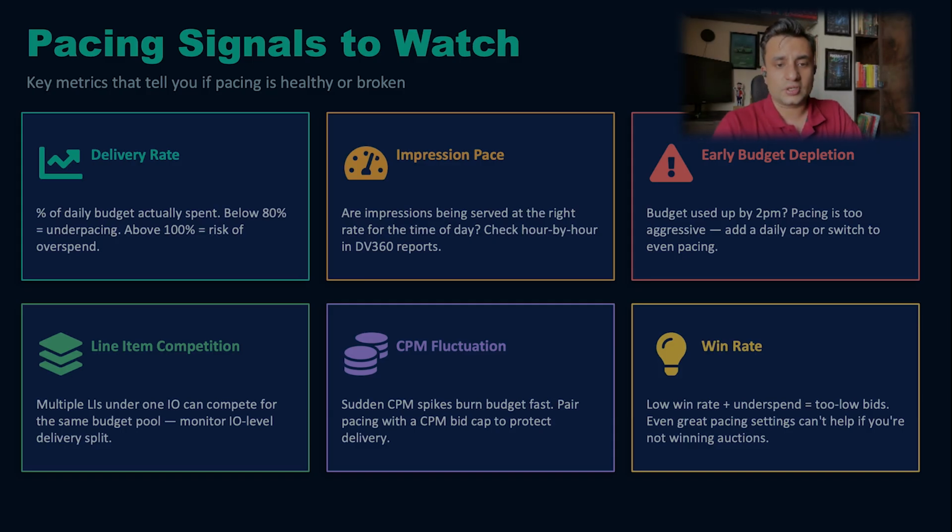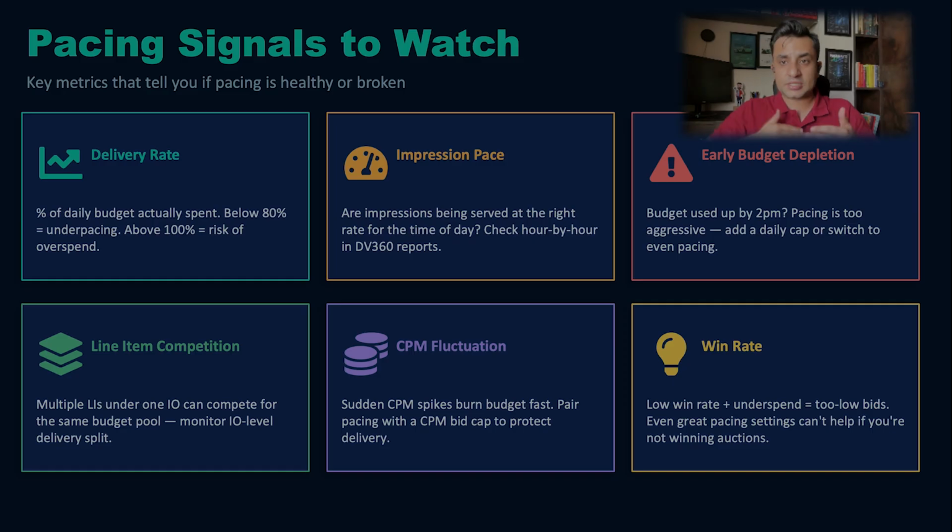You need to do that as per your own media plan and your advertiser's needs. CPM fluctuation. Sudden CPM spikes burn budget fast. Pair pacing with a CPM bid cap to protect delivery. CPM bid cap means you apply a bid cap saying that I am ready to pay max $5 CPM. This can be set at LI level or at IO level also, wherein you say that within my $5,000 budget, I am ready to pay max $5 for 1,000 impressions.